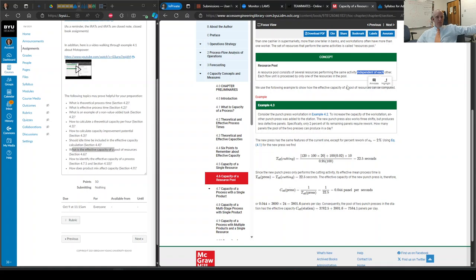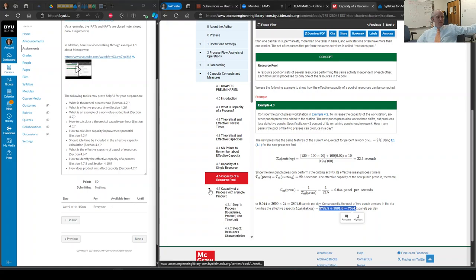In this case, each flow unit is processed by only one of the resources in the pool. Therefore, if we have two punch presses in the same resource pool, then we find the capacity of each punch press, and we add those together to get a total capacity for the pool of resources. So that's how you calculate an effective capacity of a pool of resources.